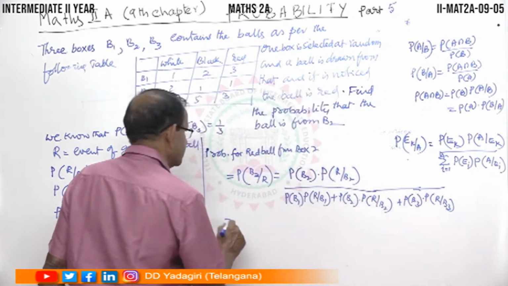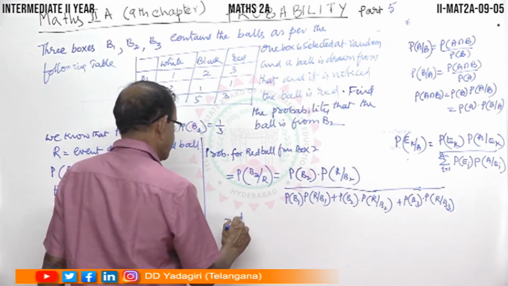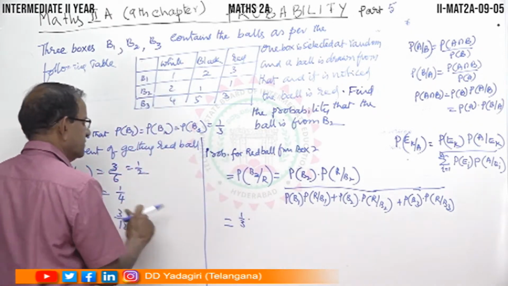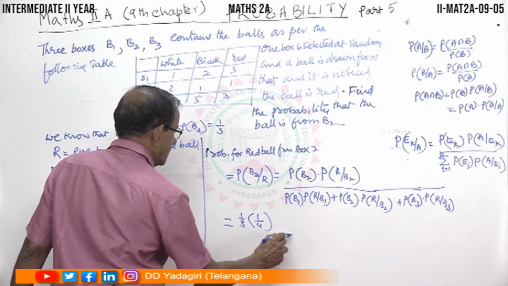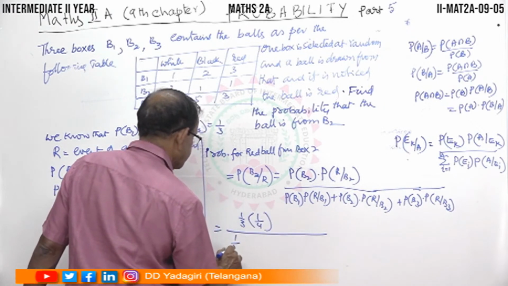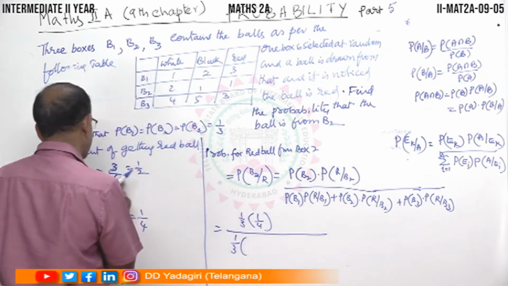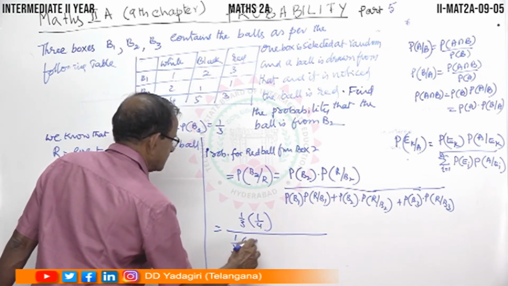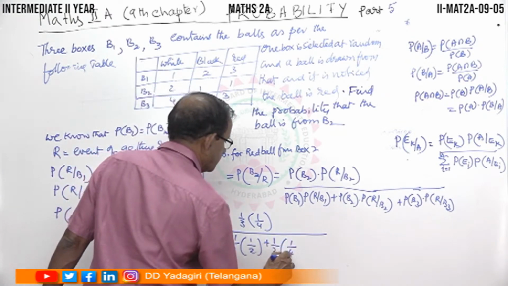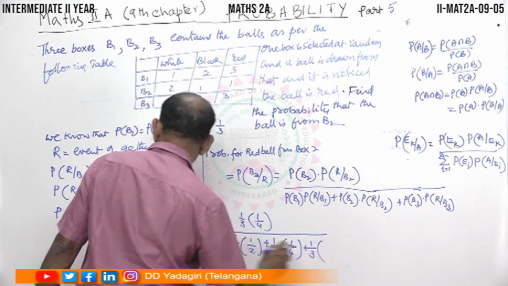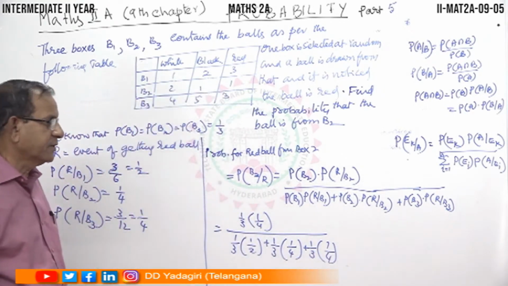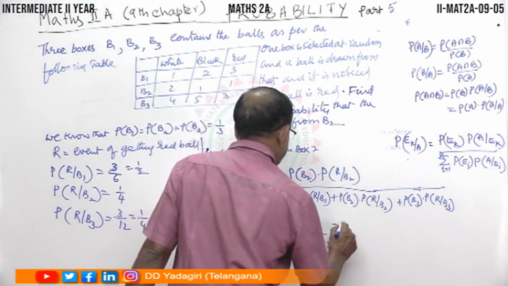Now let us substitute the values. P of B2 is 1 by 3 into P of R by B2, which is 1 by 4. In the denominator, P of B1 is 1 by 3, P of R by B1 is 1 by 2, plus 1 by 3 into 1 by 4, plus 1 by 3 into 1 by 4 again. We can take 1 by 3 common in the denominator and cancel it.